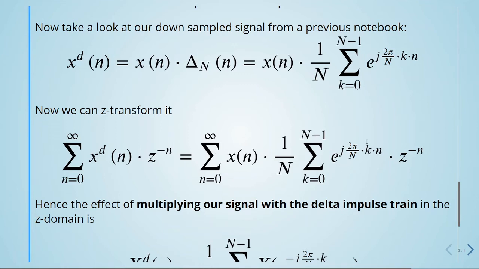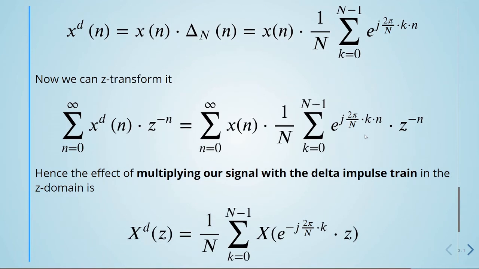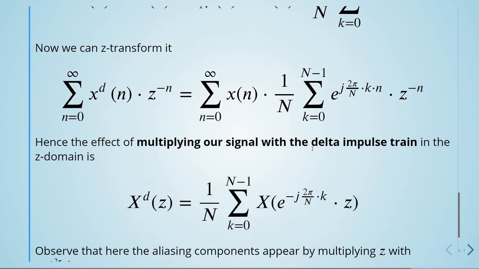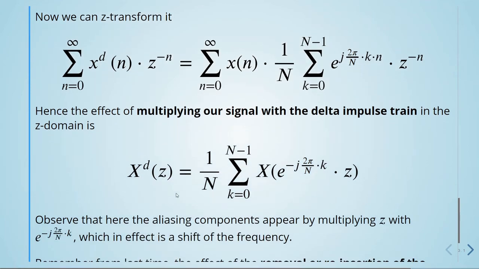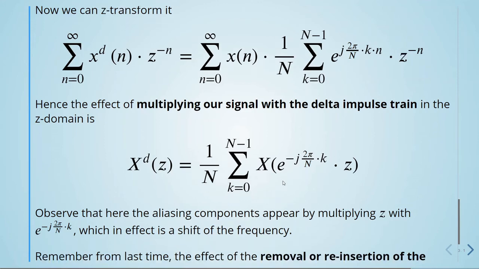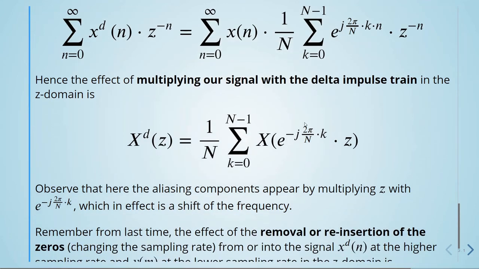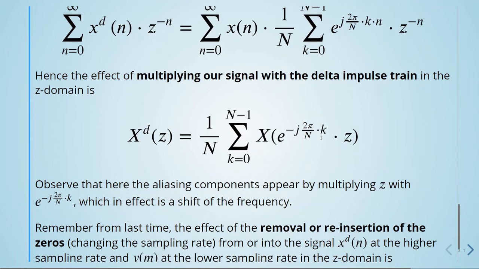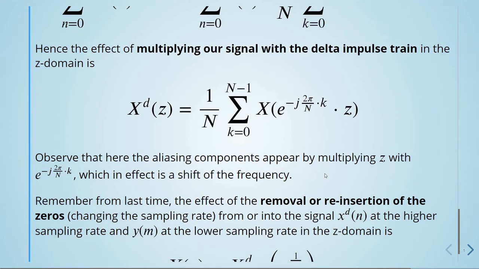We see that the effect of multiplying our signal with the delta impulse train in the z-domain is given by this expression. We observe that the aliasing components appear by multiplying z with e to the power of minus j 2 times pi divided by capital N times k, which is in fact a shift of the frequency.